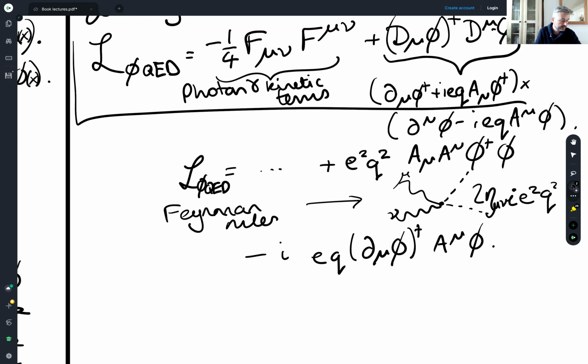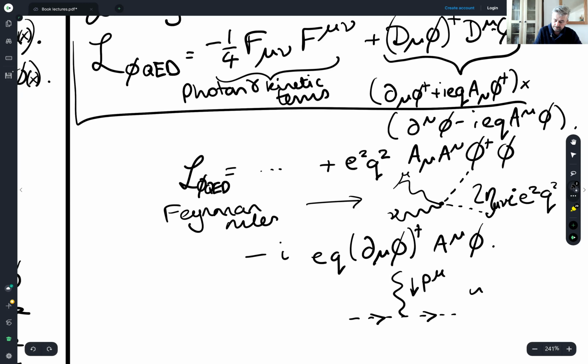But for the second term, now this looks something more like the following. We have one photon field interacting with our phi. And the phi has charge, so this is the direction of flow of charge. And what happens is, well, we get a factor of i, but there's a minus i in front, so that cancels the i.